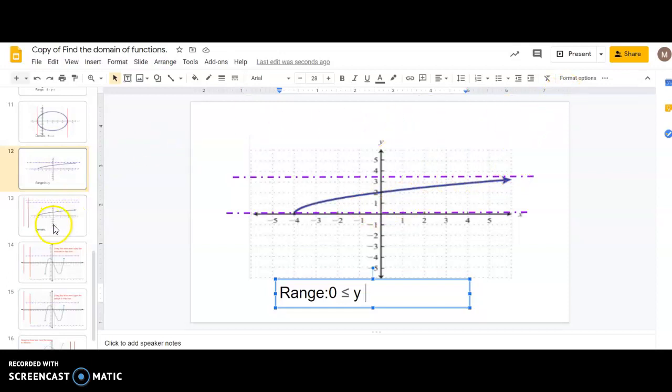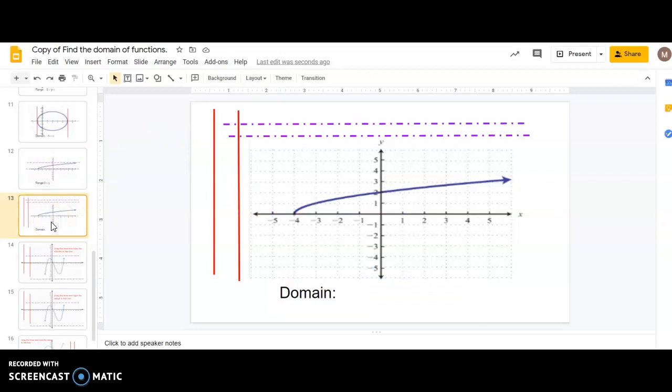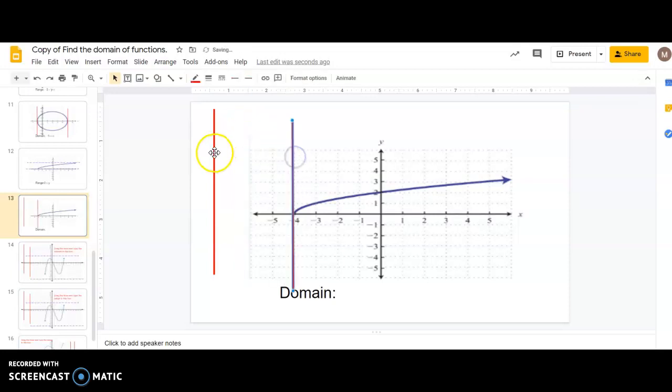All right, so let's go ahead and try the domain. So take a minute, think about what the domain is going to look like on this one. Domain is going to be vertical lines, so I'm going to take away the horizontal lines because domain is from left to right. Where does it start on the left? And where does it end on the right? So I'm going to drag my lines like that.